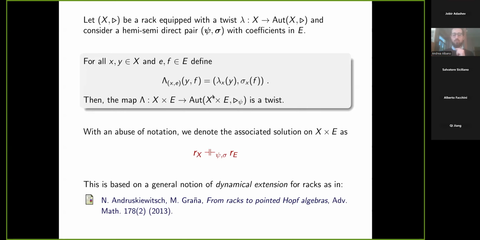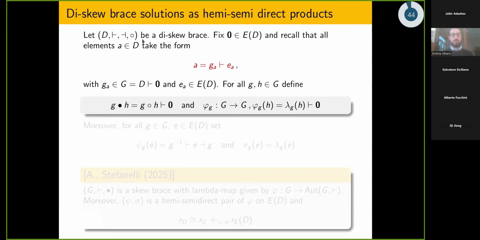Now, why am I introducing this? Because of this fact. Start from a di-skew brace. So again, recall, it's a digroup with two associative operations, a right group, circle, that satisfy the three axioms from before.